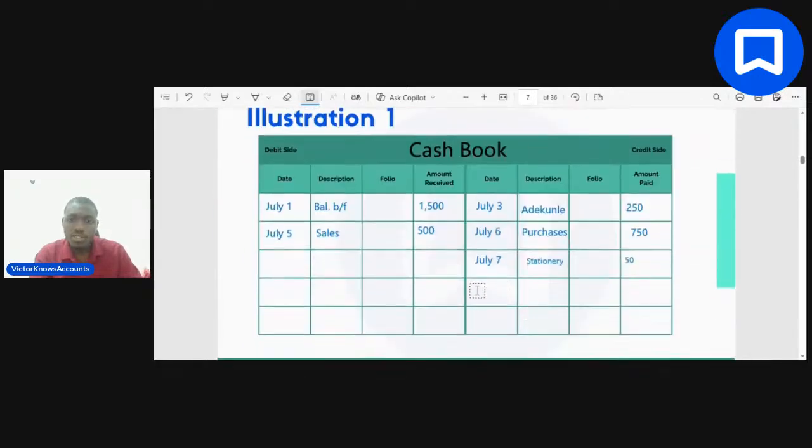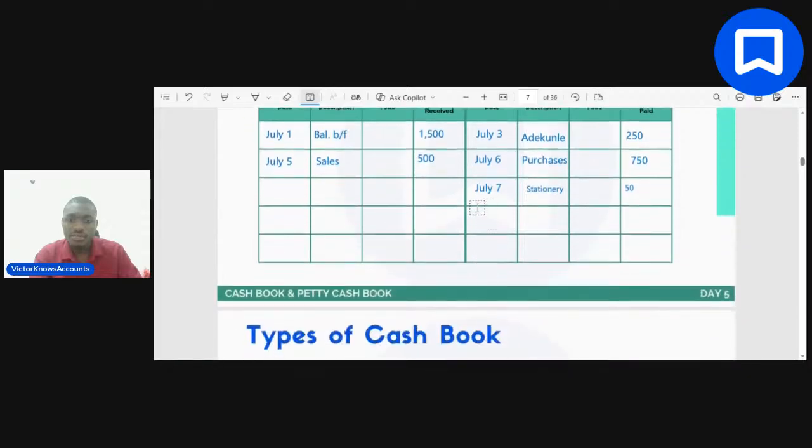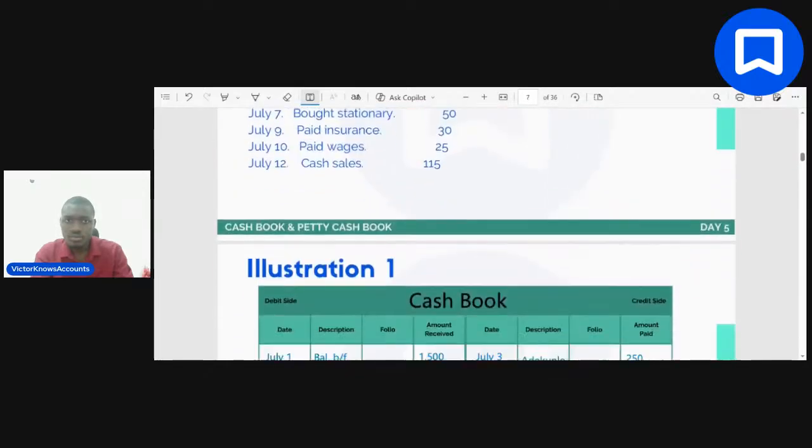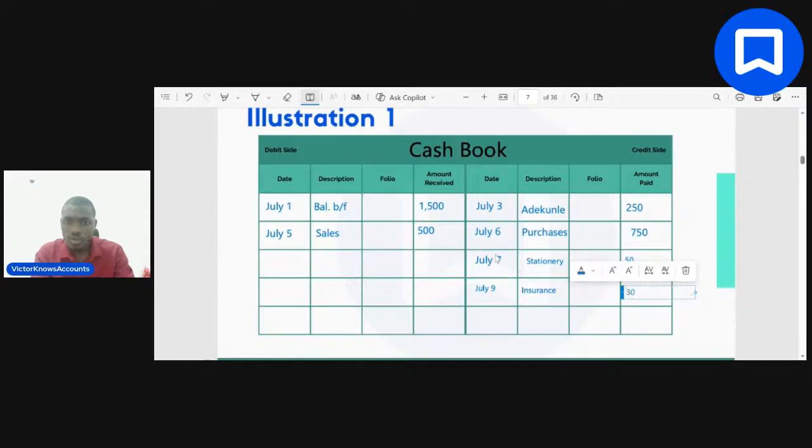Then we also paid insurance on July 9. We are still paying, so that's still credit. Insurance, that's 30.